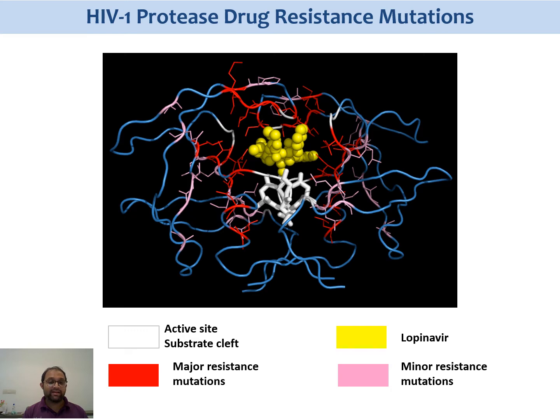So the idea of the slide is actually to appreciate how the drug resistance mutations strategically emerge at the site near to the inhibitors and would either nullify or suppress the effect.